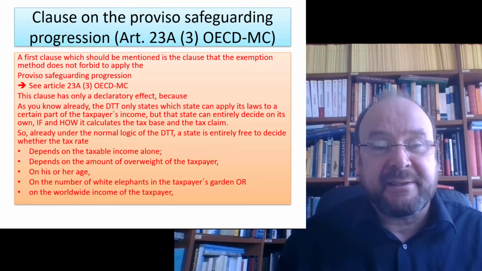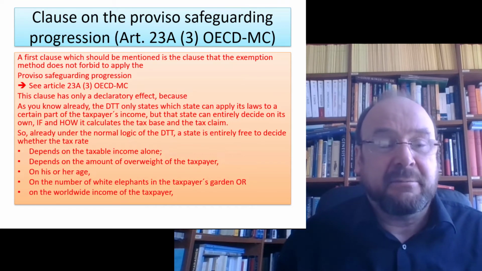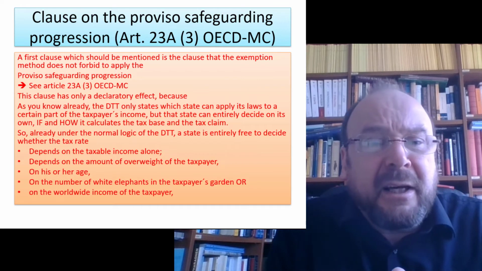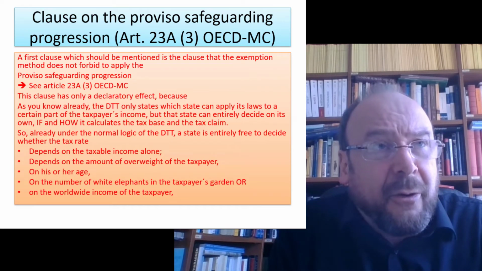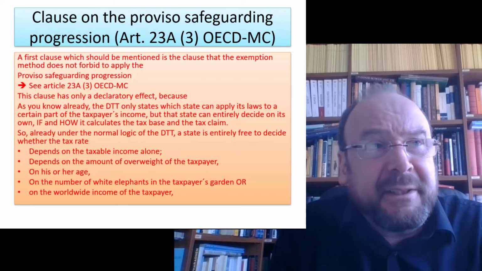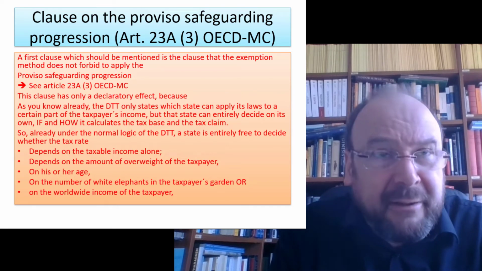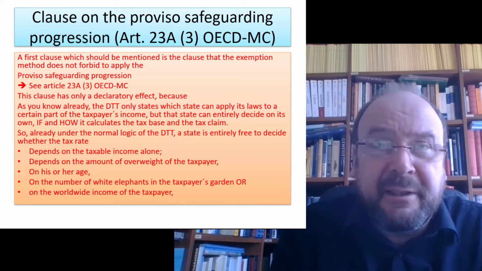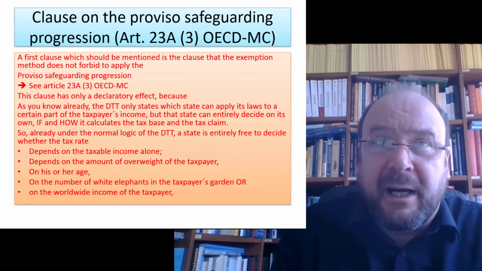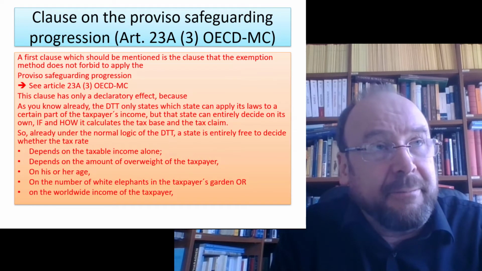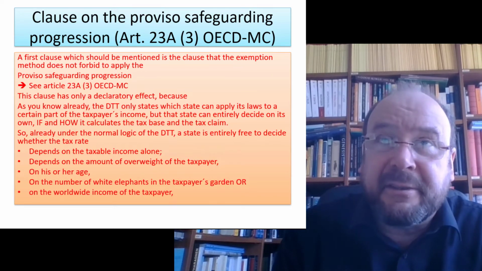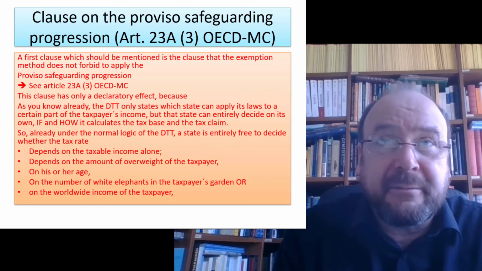This clause is nevertheless always added and mentioned in the double taxation treaty text because, well, there has been, I believe, somewhere in the 1950s, a court decision in some state, I don't know which one, perhaps it was Belgium or so, where a judge who did not understand the background of the proviso safeguarding progression said, okay, if the proviso leads to a higher tax on the taxable income than it would have been if the tax-free income did not exist, then this is a kind of indirect taxation of the tax-free income, and the judge said proviso forbidden.